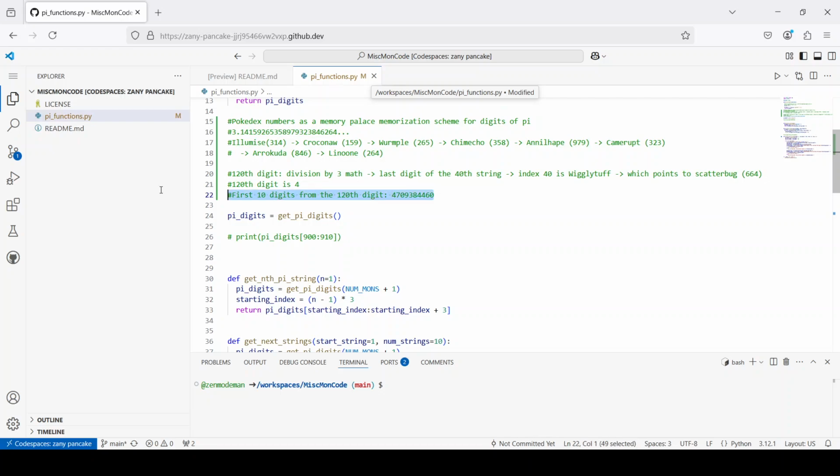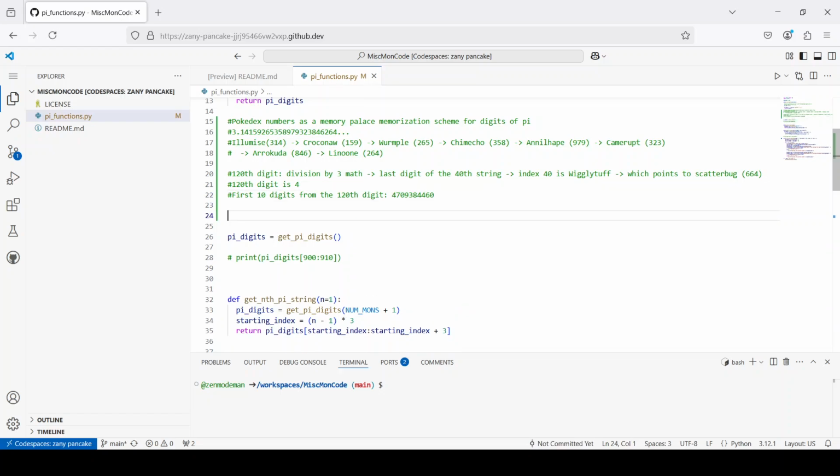And that's how I do the first 10 digits. I don't have a memory scheme that requires me to go straight from the start and just memorize from there. I can go from individual points by using division and index mapping in my head.